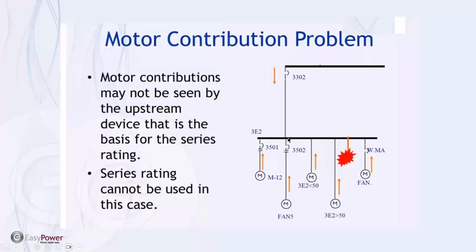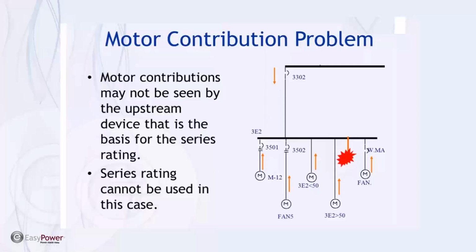For instance, the 3E2 bus, if it were to fault, there's motor contribution current from each one of these sister motors, if you will, that won't be felt by the upstream breaker. So in this case, series rating cannot be used.